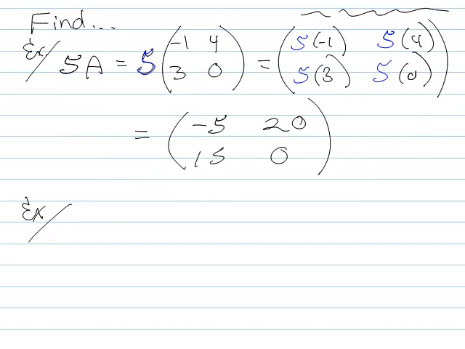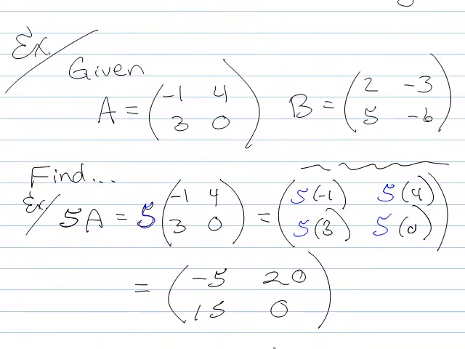Alright, let's see if we can find -2B. Just for something different. So -2 times B, which was 2, -3, 5, and -6, right?